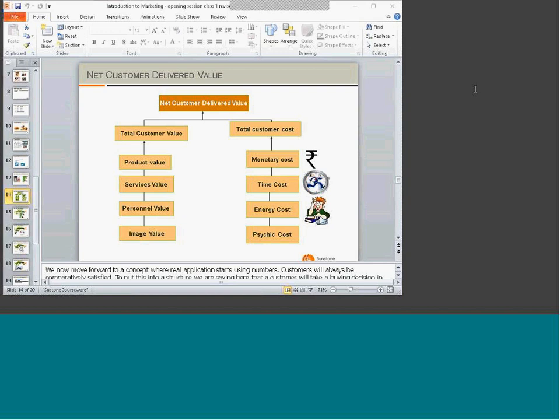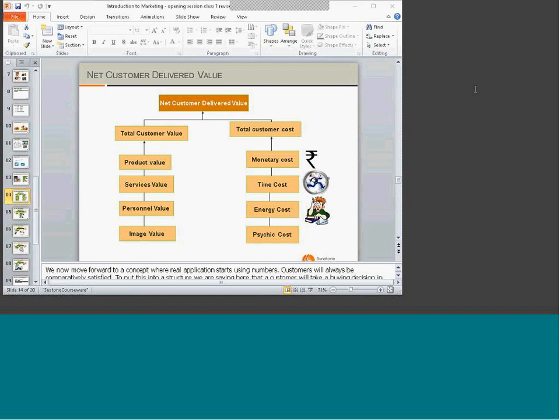Okay, so net delivered value. It is total customer value minus total customer cost. As I have just told you about value and price, the two things are mentioned here. Product value is the value derived, and monetary cost is what is paid.